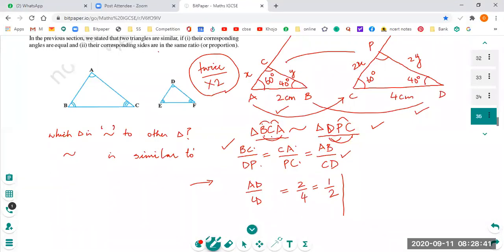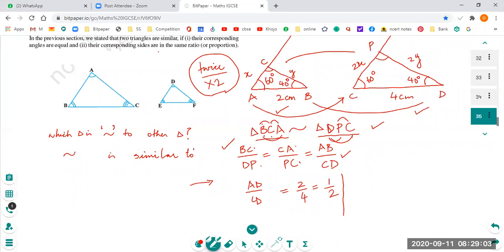Start from anywhere, end anywhere, but make sure if you start from B, you should start from B, not B or C. If you start from C, you must start from P, not C or D. So this is about similarity of triangles.